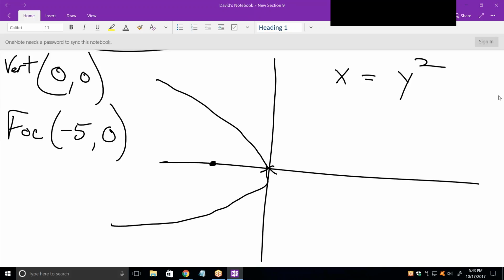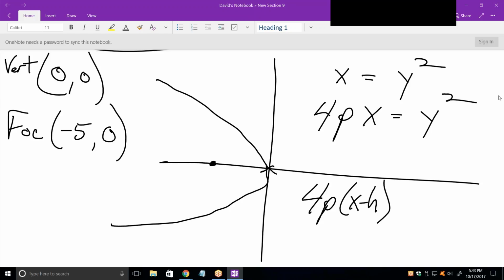I also know my 4p goes in front of the variable that's not being squared, so it's 4px equals y squared. Technically it's 4p times x minus h equals y minus k squared, but in our case h and k are 0, so 4px equals y squared works perfectly. That's the standard format.